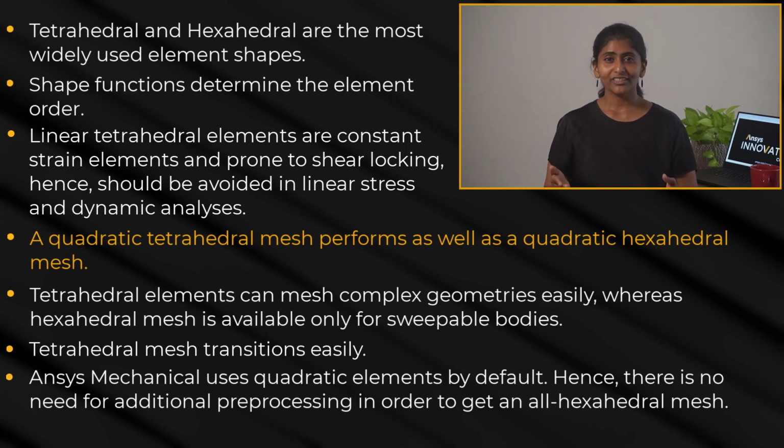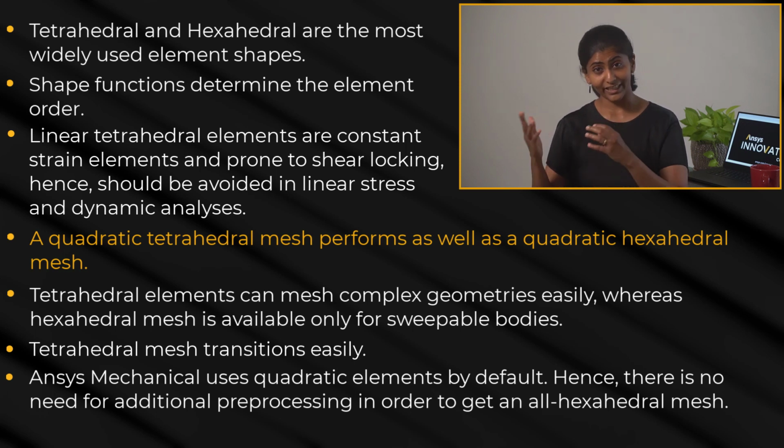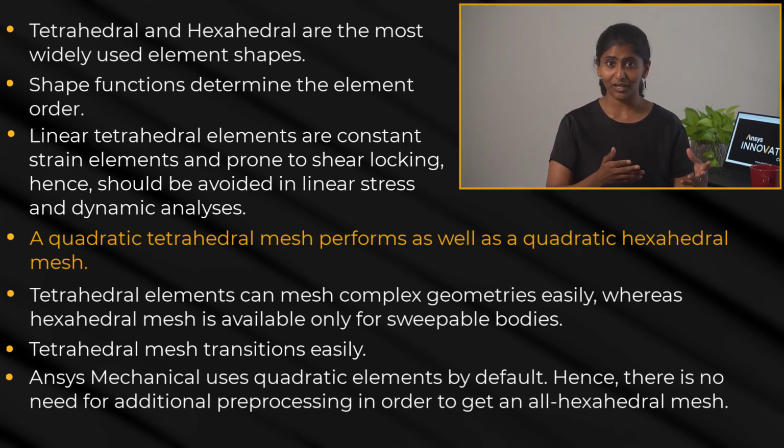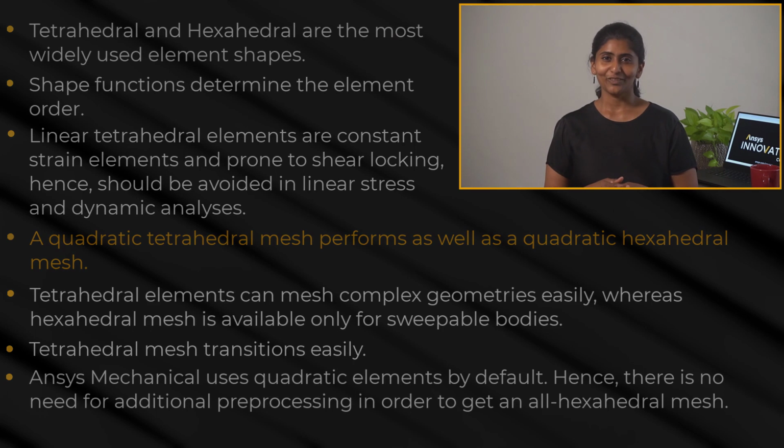Despite the visual differences between quadratic hexahedral and tetrahedral elements, both provide good numerical accuracy. So we need not worry that sweep meshable parts are meshed with hexahedral elements while other parts are meshed with tetrahedral elements. This concludes the video.